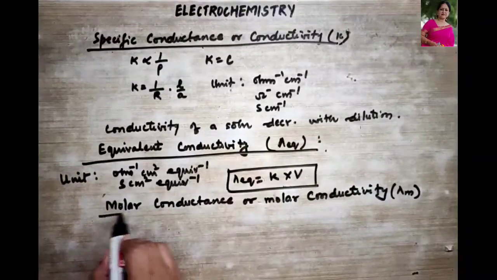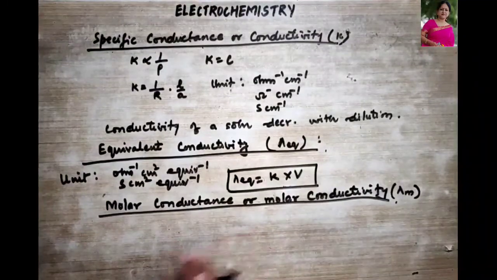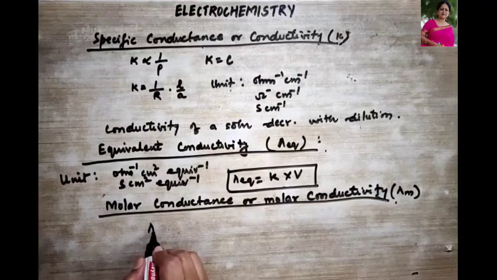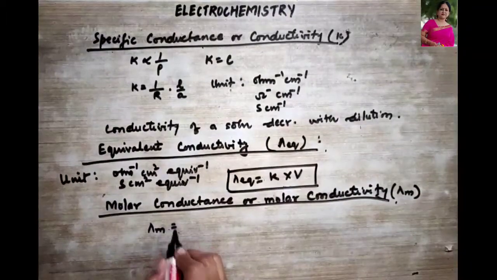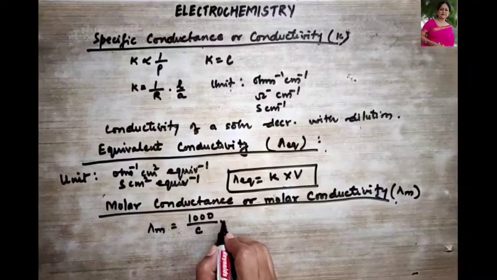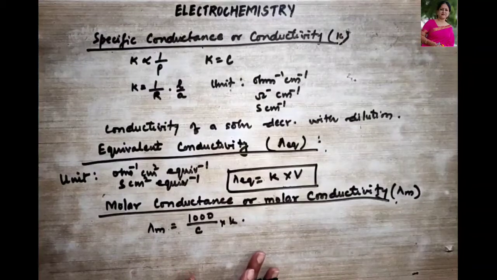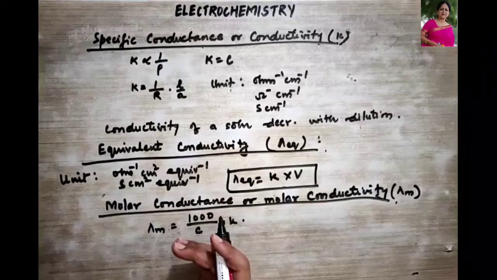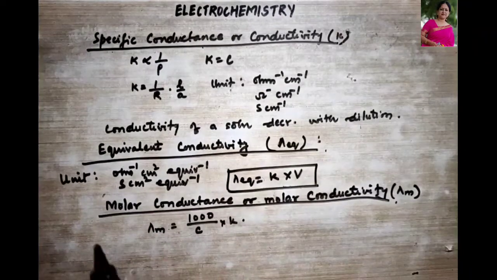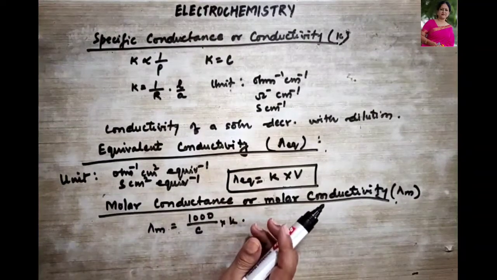That is called your molar conductance or molar conductivity. Right? So molar conductivity is equal to 1000 upon the concentration into kappa. Now let us understand the relationship between the equivalent conductivity and the molar conductivity.